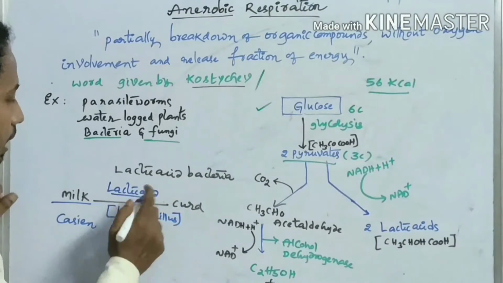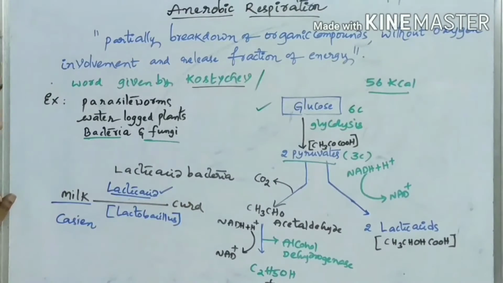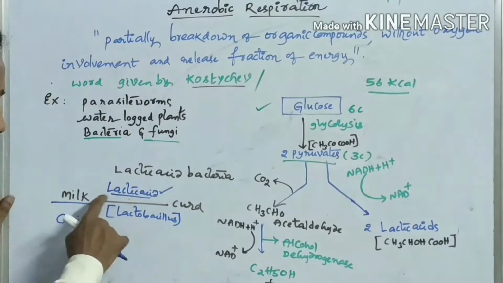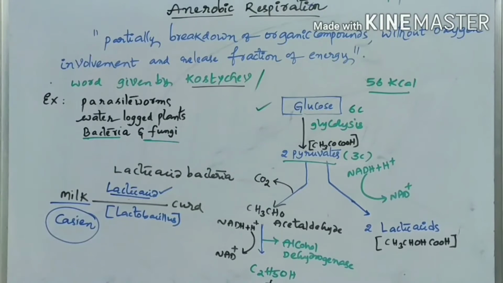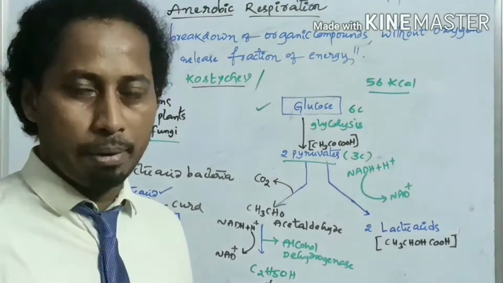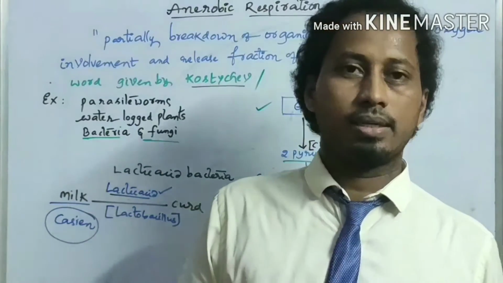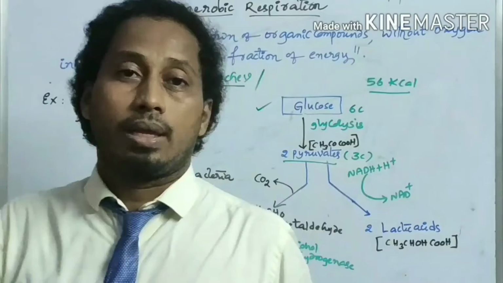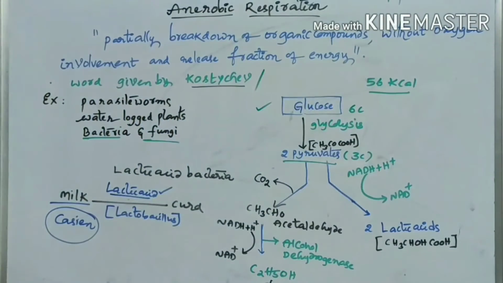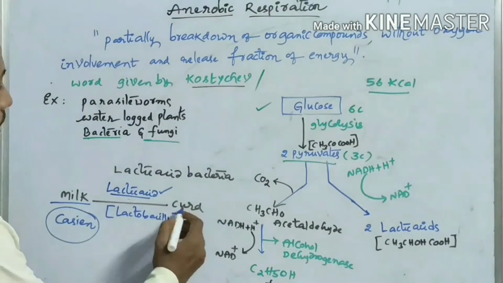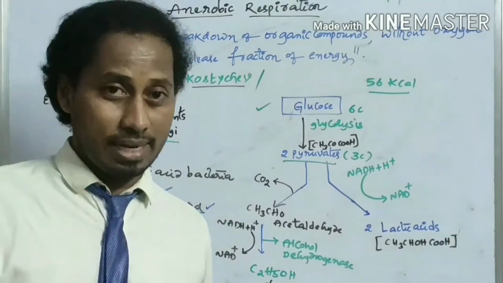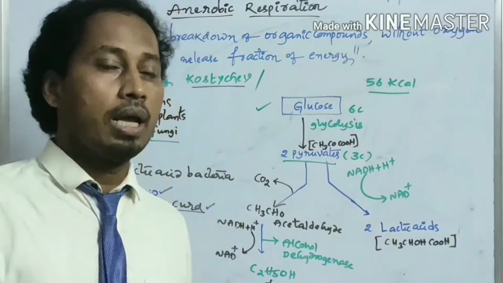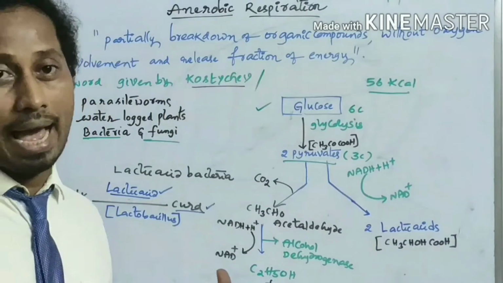Initially the casein is functional. Later, because of the acidic environment, it becomes denatured, and that denaturation leads to thick curd. Milk becoming curd is one of the best examples of anaerobic respiration, or fermentation.